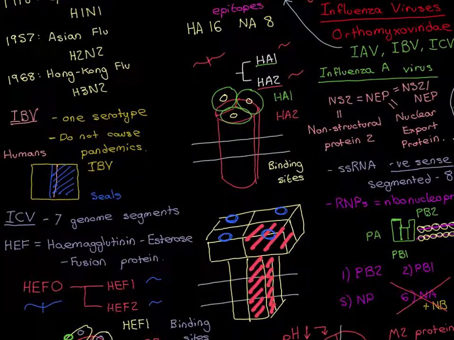Right, so here, remember, is the old picture of hemagglutinin for influenza A virus or influenza B virus. Remember, we describe it as a trimer of these dimers of hemagglutinin 1 and hemagglutinin 2. Now, the hemagglutinin 2s are the ones that are in the viral envelope membrane, whilst the hemagglutinin 1s are stuck on top, and they're the ones where the actual binding site for the sialic acid is.